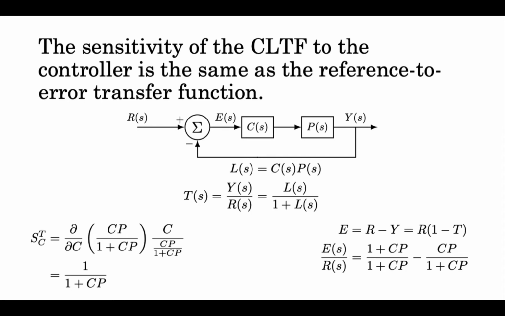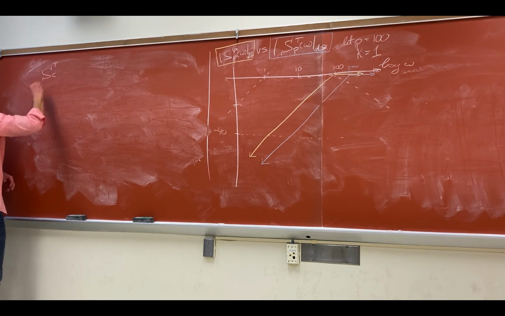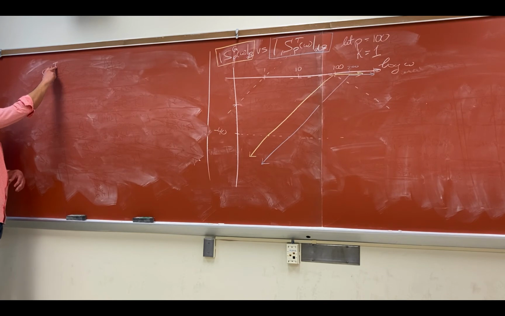I can also talk about the sensitivity of a transfer function to an entire subsystem. And so that's what this S sub C sup T is. This is the sensitivity of the closed loop transfer function to the controller transfer function.